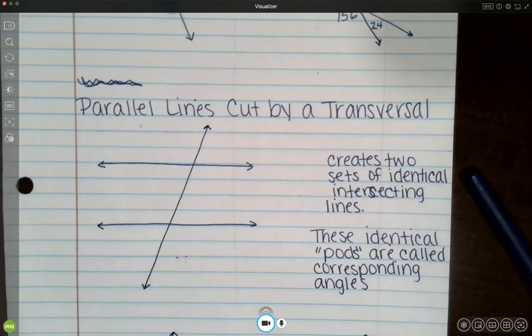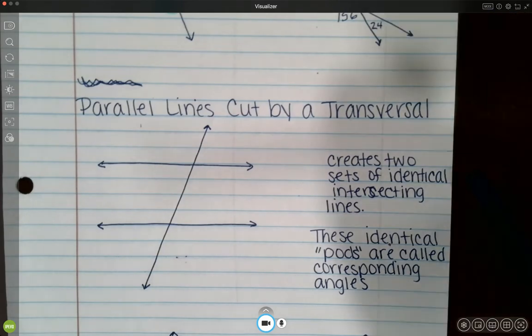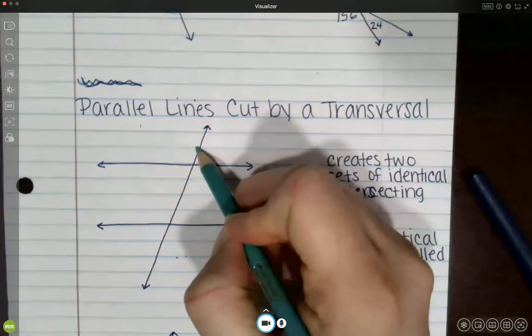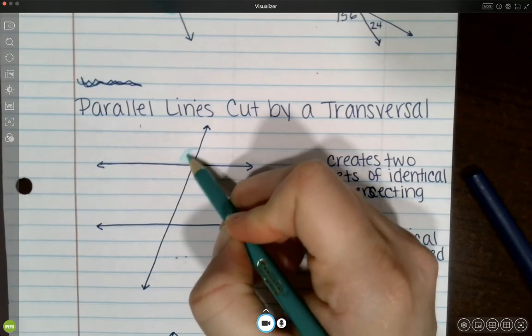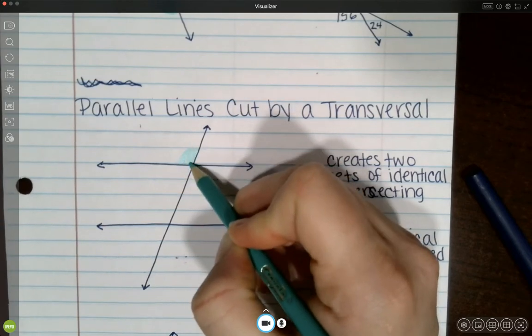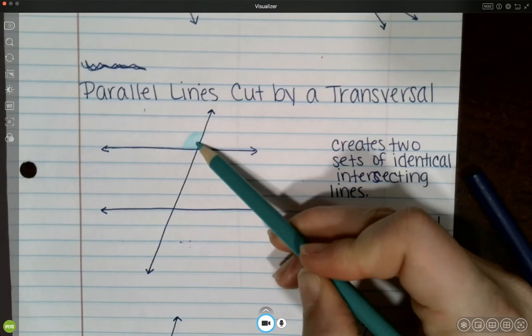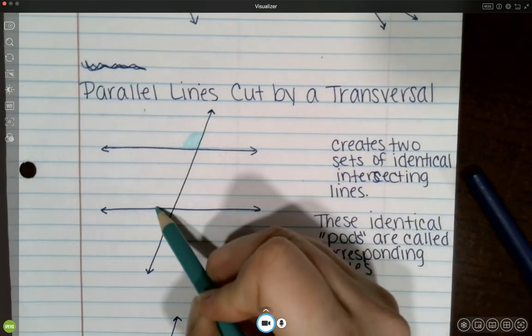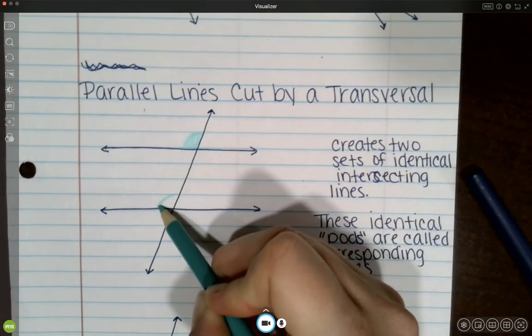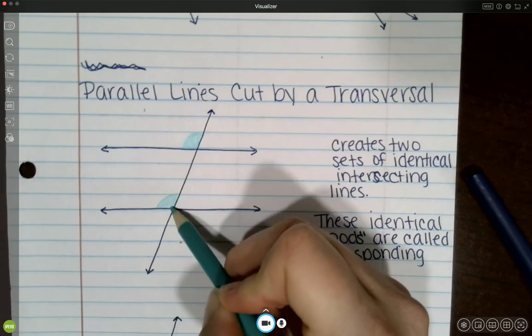So what does that mean to you? Well, we're going to do some coloring again so you can see where these angles fall. First and foremost, in pod 1, I have this angle in the upper left-hand corner. This corner would correspond to the top left corner of my bottom pod.